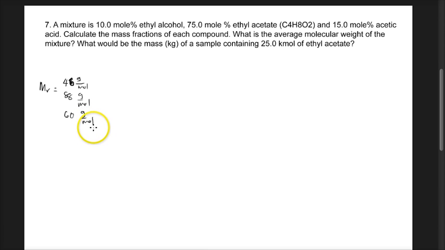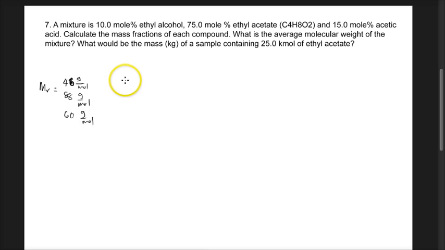It was given, so we need to find the kilomole of ethanol, ethyl alcohol, and how much acetic acid is available, and calculate the mass of those compounds, and finally determine the mass of the mixture.